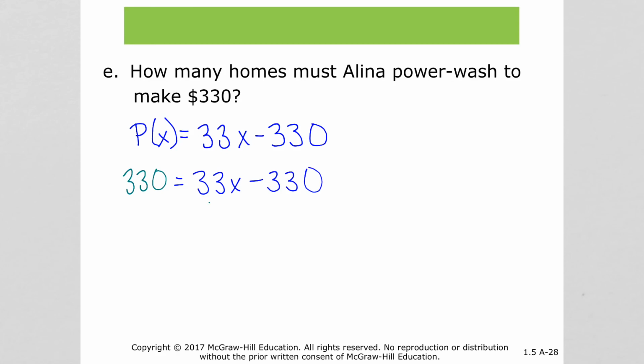And we want to solve for X. So add 330 to both sides, and divide by 33. She would have to pressure wash 20 homes to get $330.